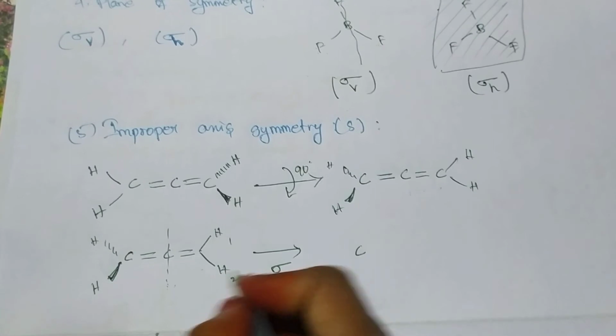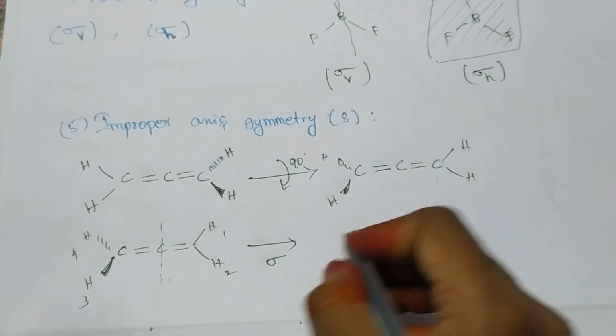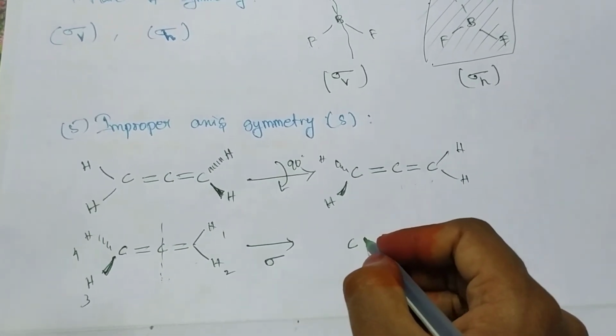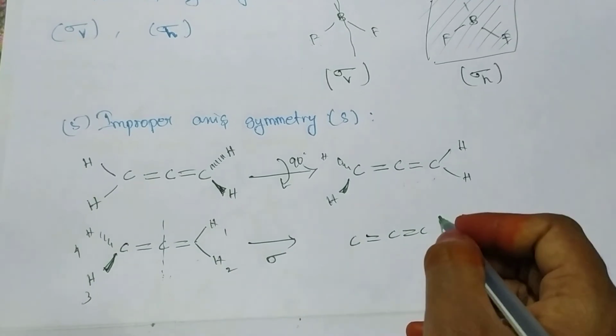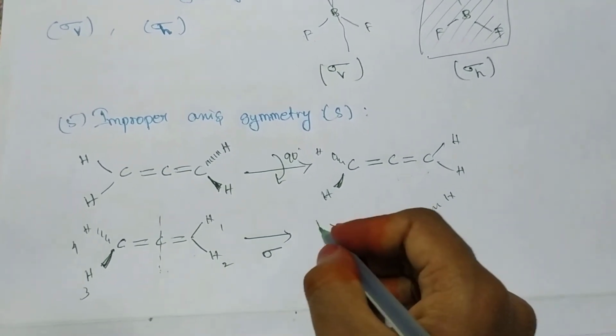This is 1, 2, 3, 4. We rotate 180 degrees. We get a structure like this.